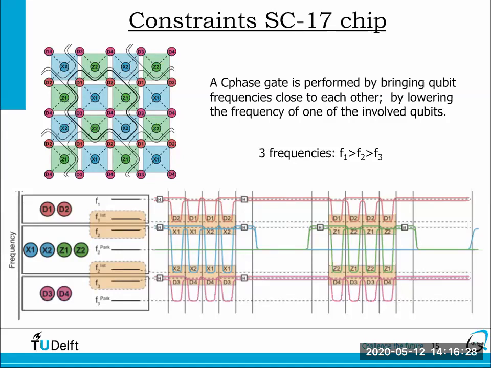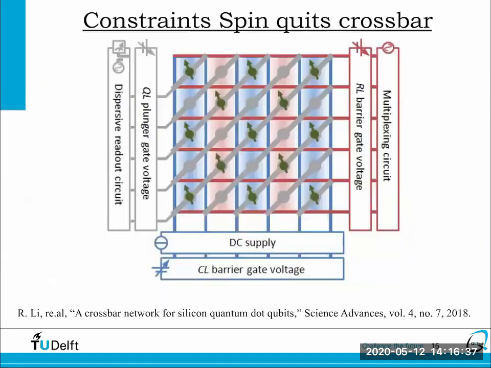Okay, if it is clear, of course, depending on the quantum device that you are considering, the constraints might be different. For example, this is the layout of a quantum device that was proposed by Menno's group, in which it's a crossbar, a kind of 2D array with spin qubits here.